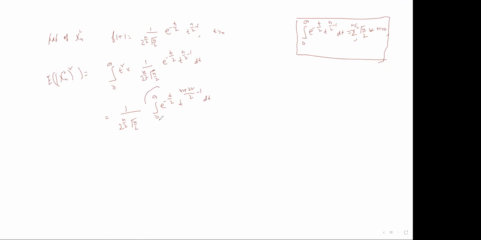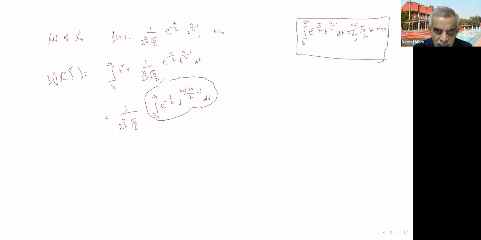Let us compare this integral with the earlier one. The two are the same, except that in place of n, you have n plus 2r over here. And you know that this integral's value holds for any n, as long as n is positive.